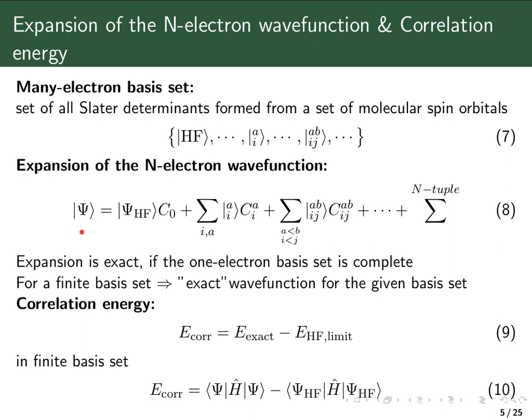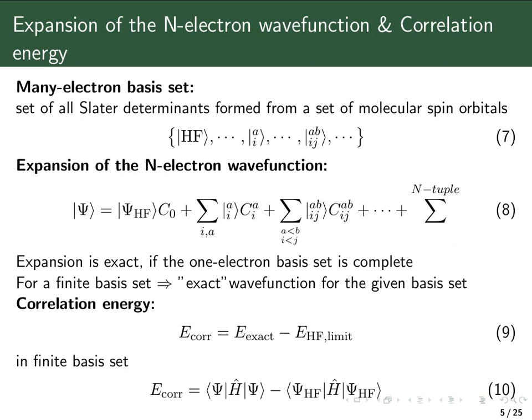This expansion of the unknown many electron wave function will be exact if our one electron basis set is complete. Unfortunately, as we discussed previously, a complete basis set is infinitely large, which then of course also would lead to an infinite number of Slater determinants. So in practical calculations we will never be able to do that. We have to constrain ourselves to a finite basis set.